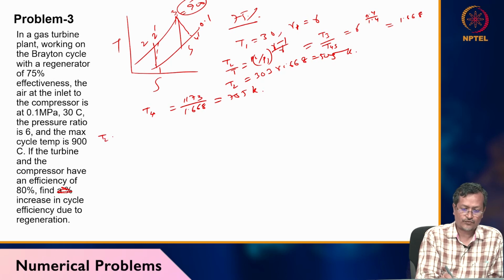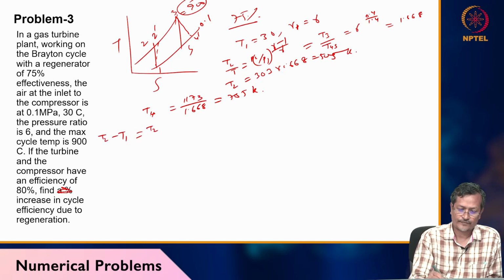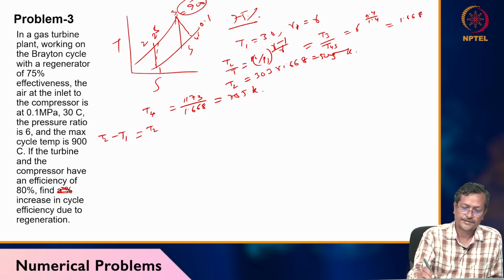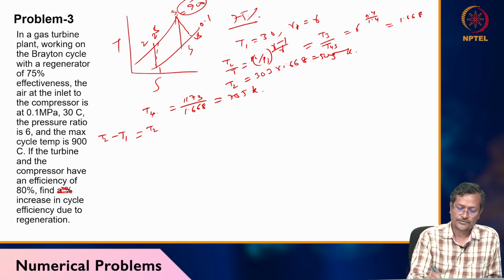Okay, so T2 minus T1, better I'll write this as T2S, and T4S.